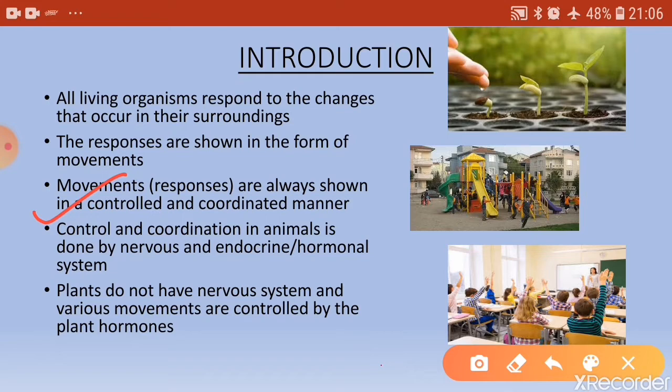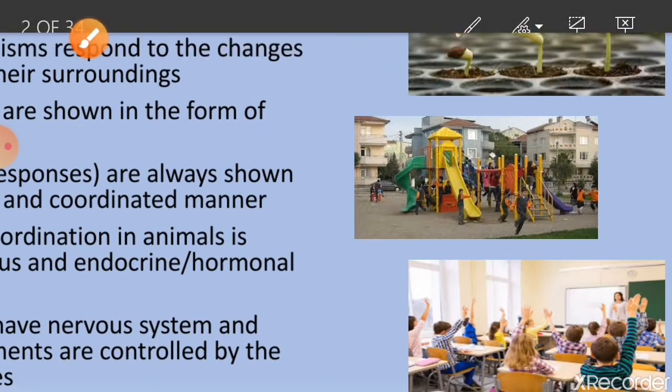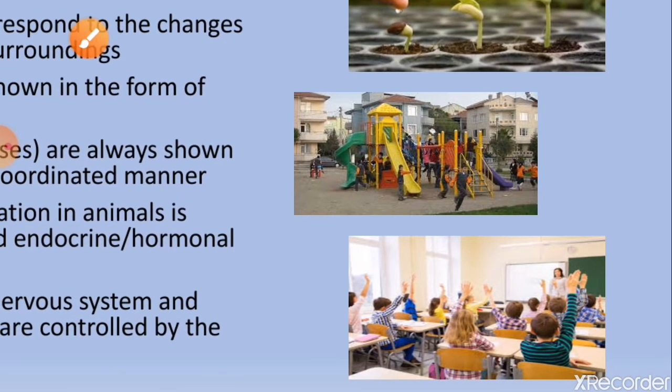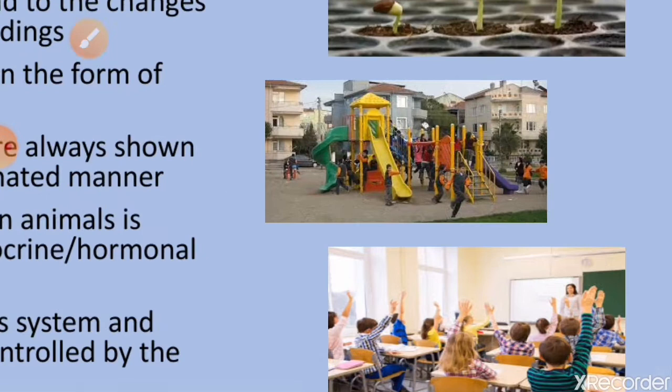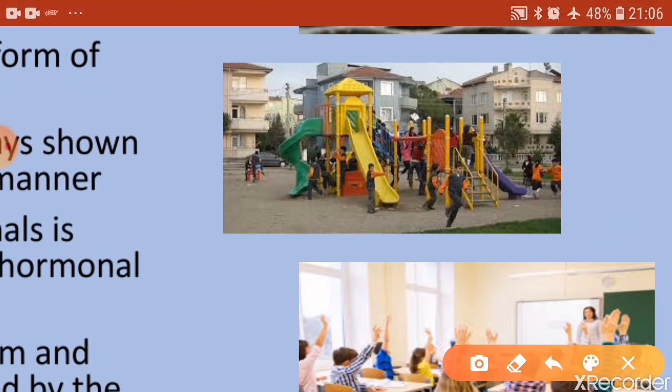Now, what does it mean? Any kind of movement shown by an organism depends upon the environment that triggers the movement or the response. For example, when you are in the field, you will run, you will shout at each other, and you'll play and do all kinds of activity.